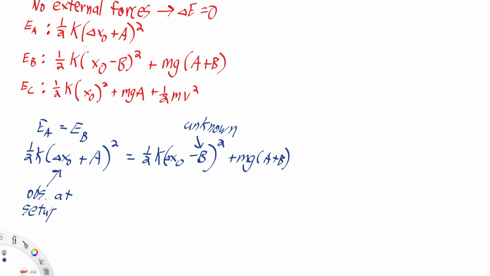The a, we chose how far to pull the spring down when we started this oscillation. So the rest is known. So let's see if we can get an expression for b in terms of everything else.